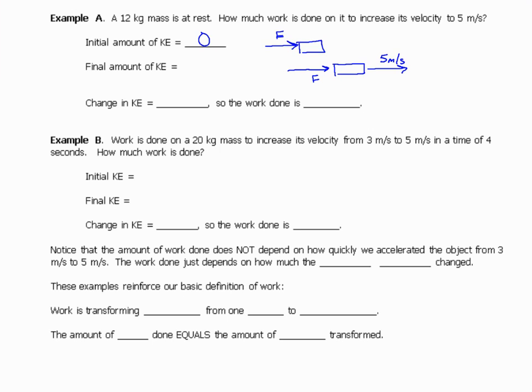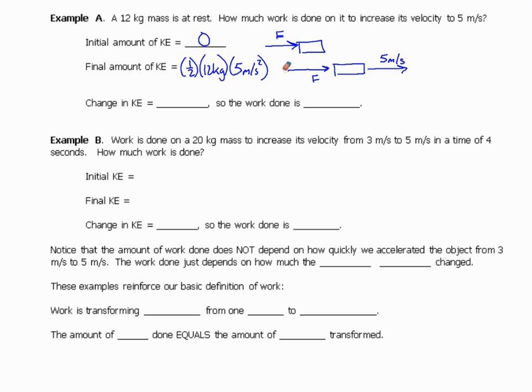So find the final amount of kinetic energy. The formula, 1/2 times the mass times the velocity squared. The kinetic energy is 150 joules.